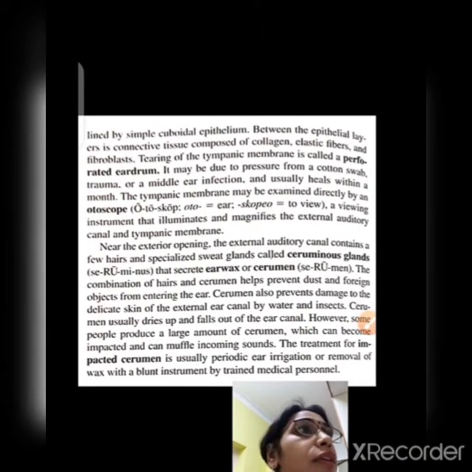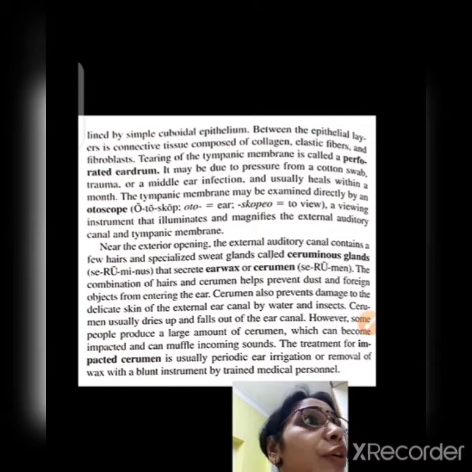The tearing of the tympanic membrane is called a perforated eardrum. It may be due to pressure from a cotton swab, trauma, or middle ear infection. It usually heals within a month.